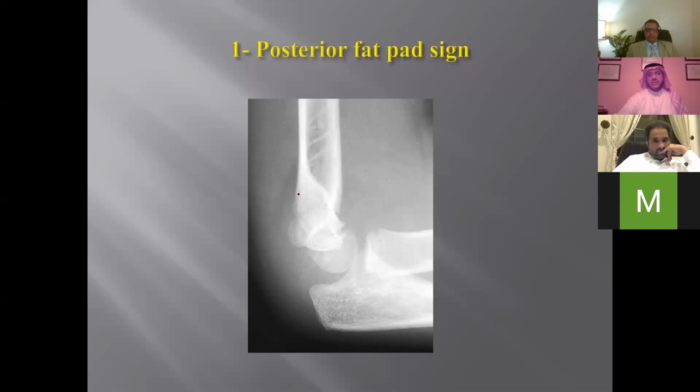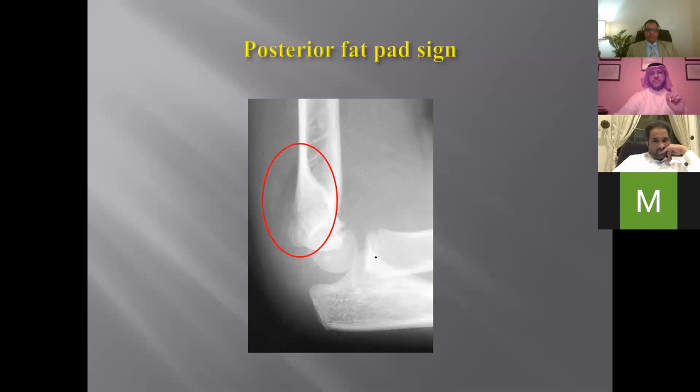If there is even a minimal injury here, we call it an occult injury, so something is hiding here. The message is: never ever see any lucency at the back of the humerus in kids. This is what we call the posterior fat pad sign. It's very, very important to know about it.